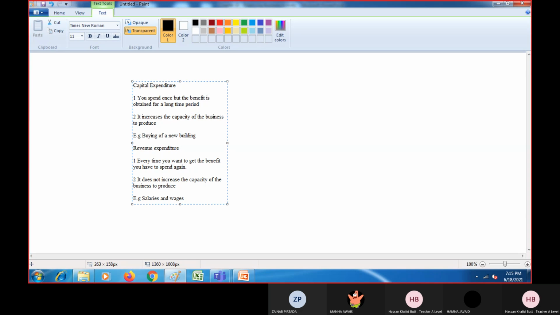It will bring your level of output to what you were achieving earlier when the machine was fine. So once you get it repaired, you will actually reach the same level. It won't increase your capacity. So don't get confused. Buying of machinery is capital expenditure, but repair or maintenance of machinery is a revenue expenditure.